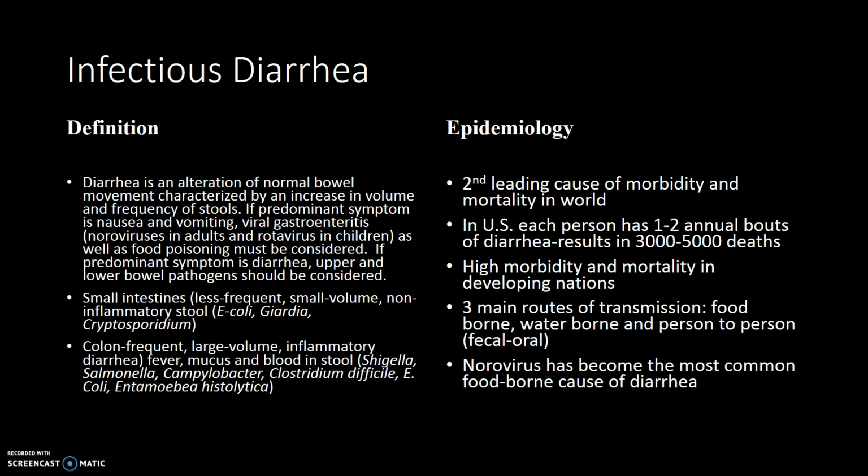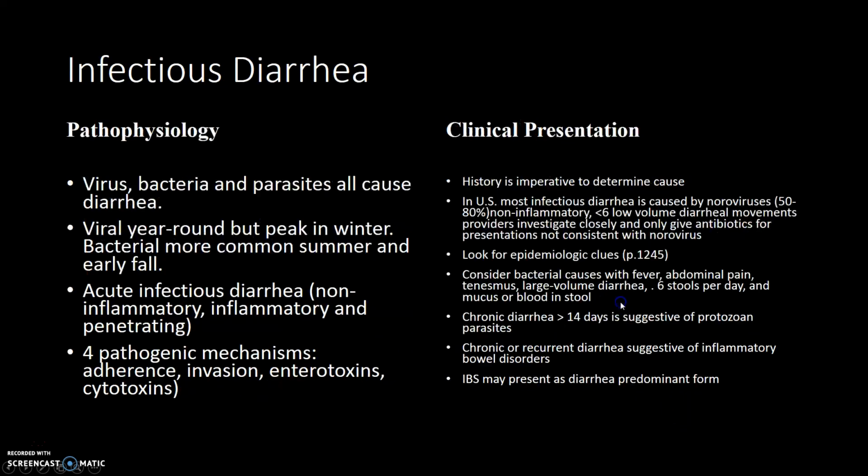There are 3 main routes of transmission: food-borne, waterborne, and person-to-person or fecal-oral. And again, let me reiterate that norovirus has become the most common food-borne cause of diarrhea in adults. Pathophysiology considerations include that diarrhea is caused by a virus, a bacteria, or a parasite.